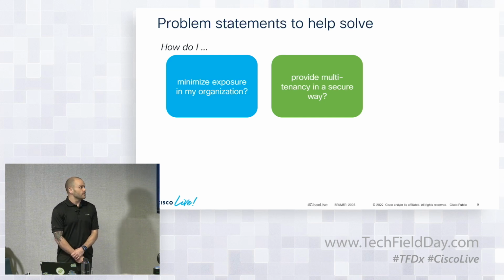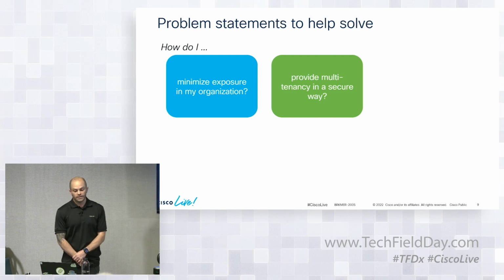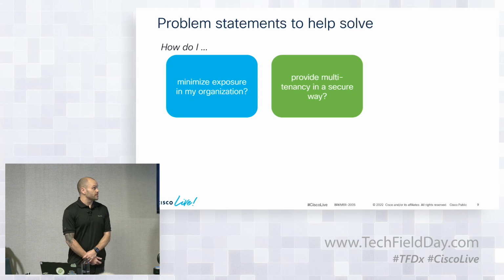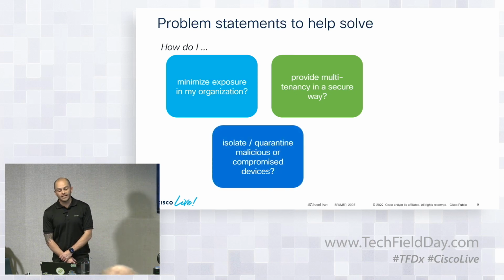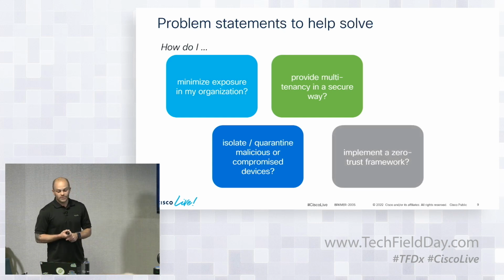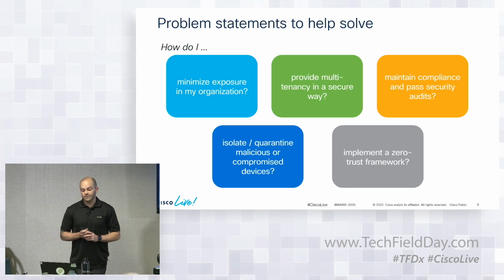When you have lots of different groups working together, potentially from different organizations or even contractors coming in and having to connect to the network, how do we make sure we can secure those endpoints? And then if something is compromised, isolate it easily. And then there's also this big one, and this is buzzwords, but how do we implement a zero trust framework? How do we get things in place so that we can actually implement zero trust? And in the long-term piece here is also, how do I maintain security audits, right?